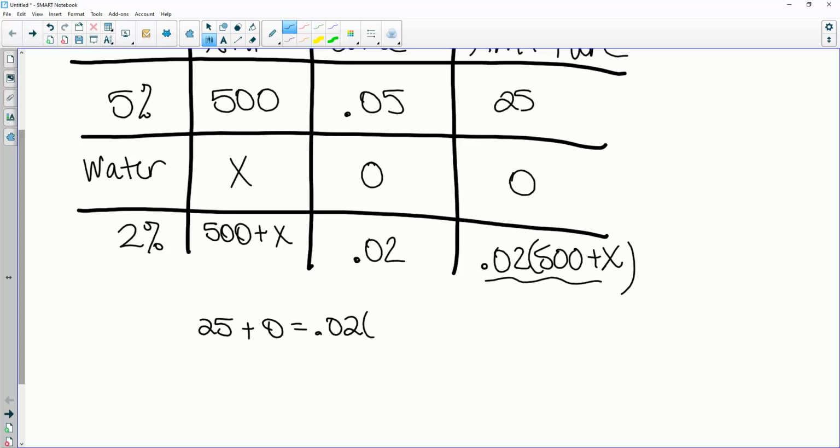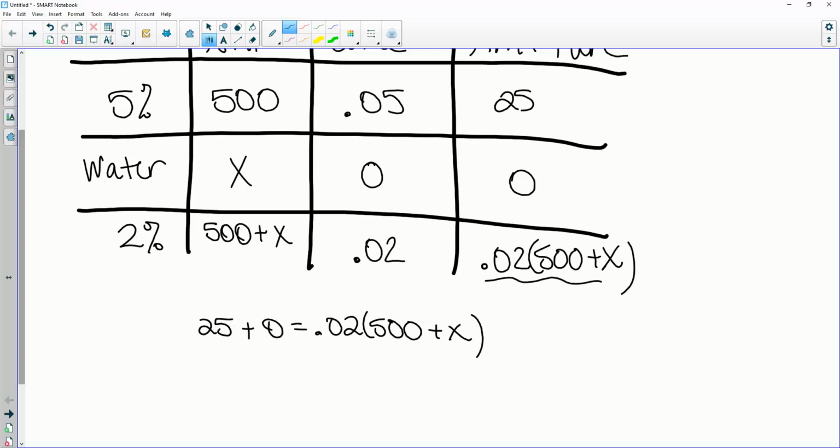Add the first and second to equal the total. Do you guys need me to keep solving, or do you know where you would go from here? You could finish that. Is that question okay?